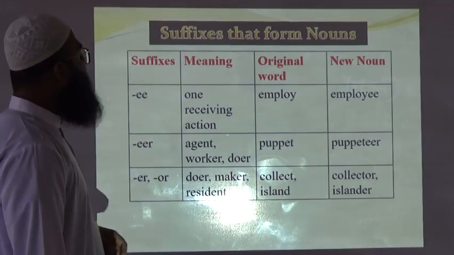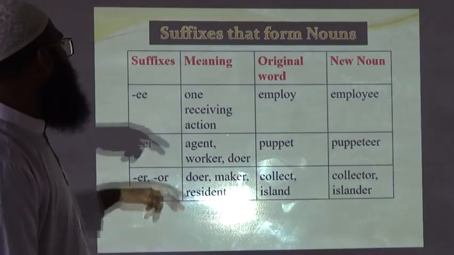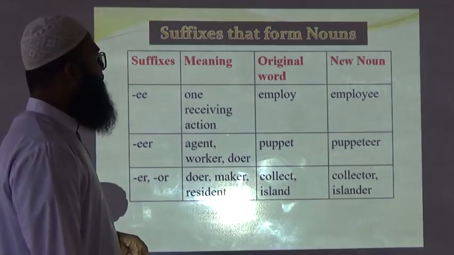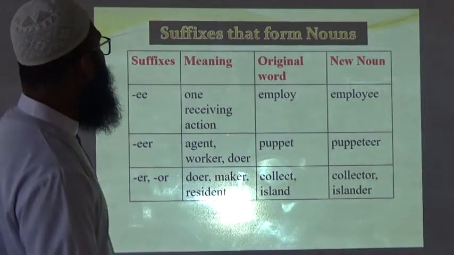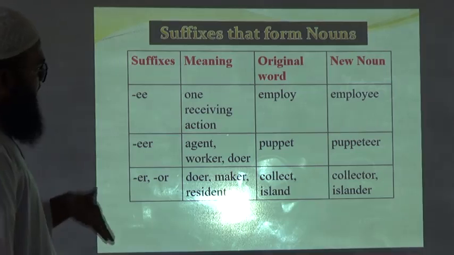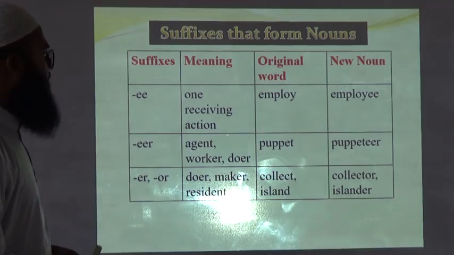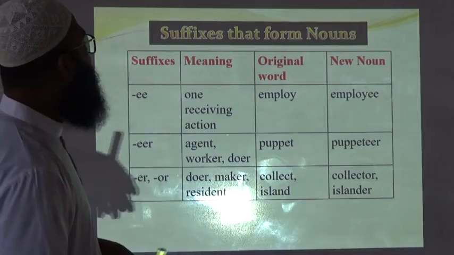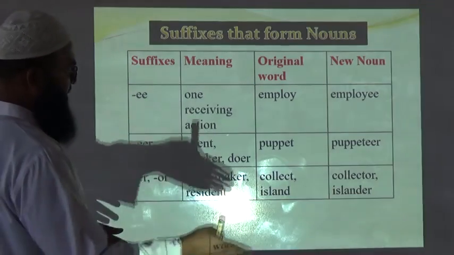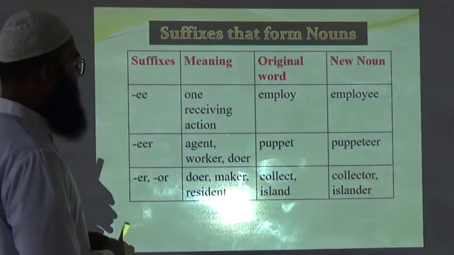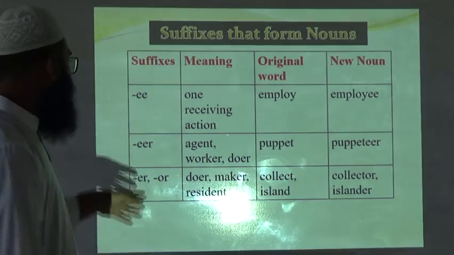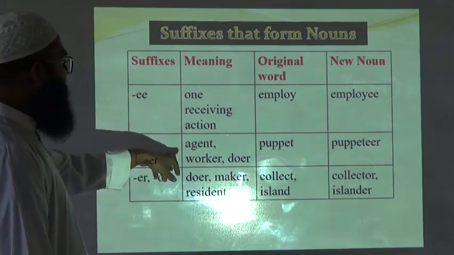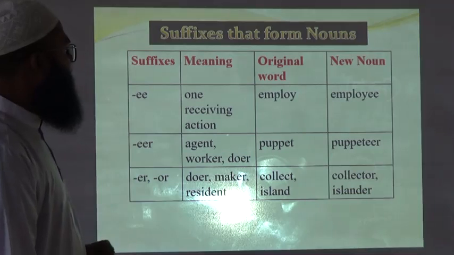EE, one receiving action. Employee, double E adding up. Employ means to hire. And employee means the person through whom the action is received, who takes the work. EER, its meaning is agent, worker, doer.